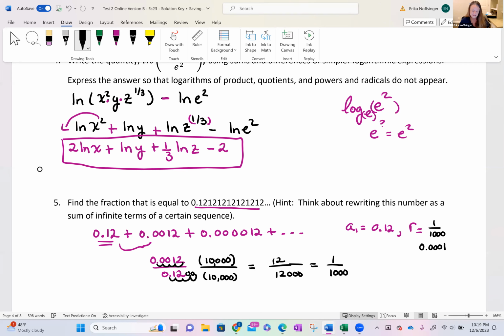And so knowing this, our R value is less than 1. And this is an infinite sum. And so this geometric series is convergent. And so looking at this, let's look at the formula for that summation.